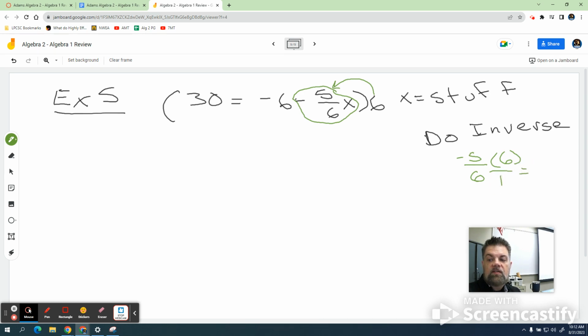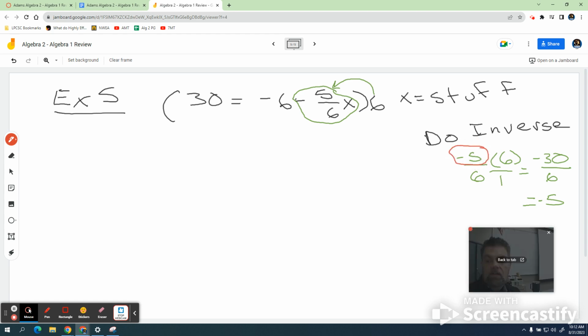What is negative 5 times 6? Negative 30. What is negative 30 over 6 reduced down to? Negative 5. Now, what's interesting about this, when I multiply a fraction by the denominator of the fraction, we end up with just the numerator, because what is 6 divided by 6?